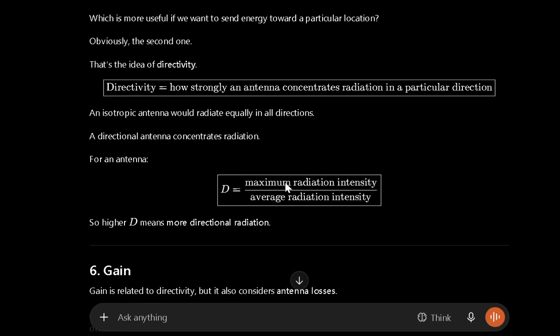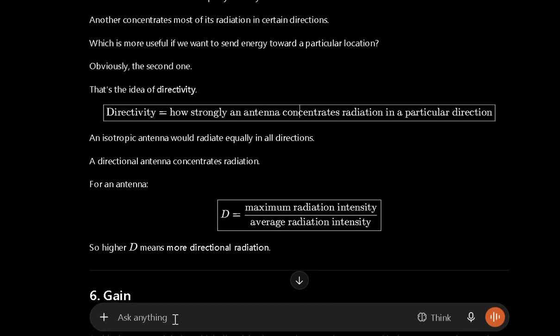Actually, I solved problems on this, on directivity, where for an antenna we have multiple radiation values.